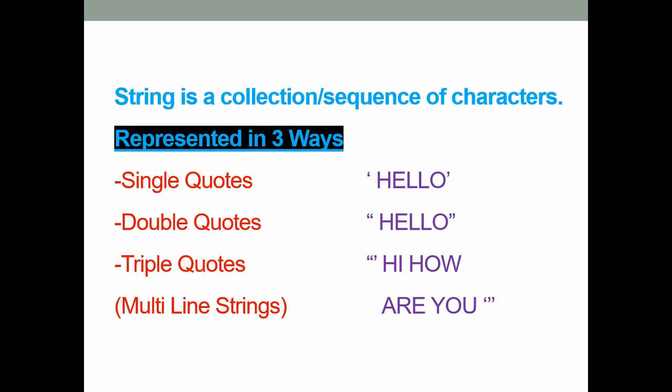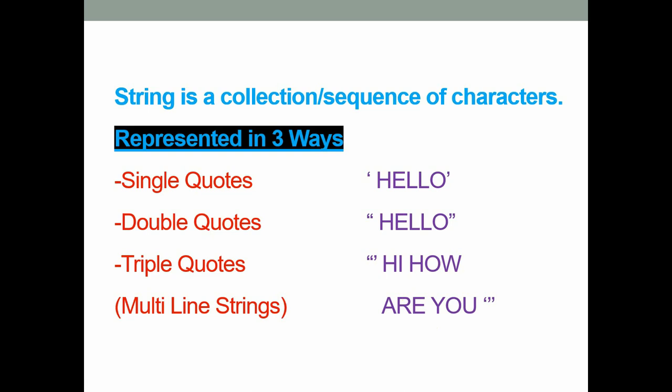Whenever you want to represent a string in multiple lines, that is, multi-line strings, you can use triple quotes. See this one here, the start is triple quotes, in between is a collection of characters expanded over two lines, and again here you close it with triple quotes. So these are the three ways of declaring strings in Python.